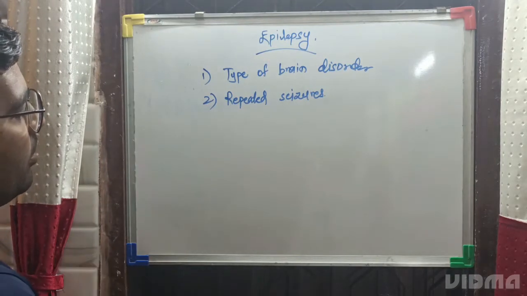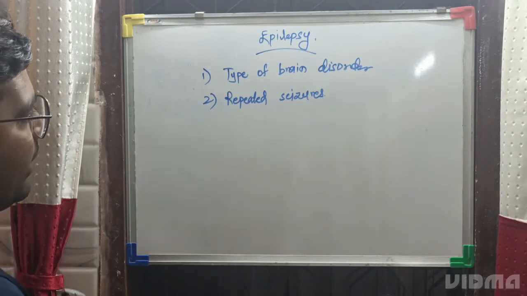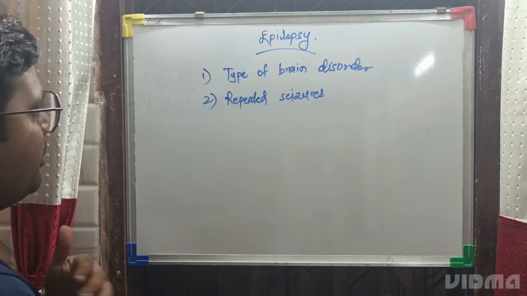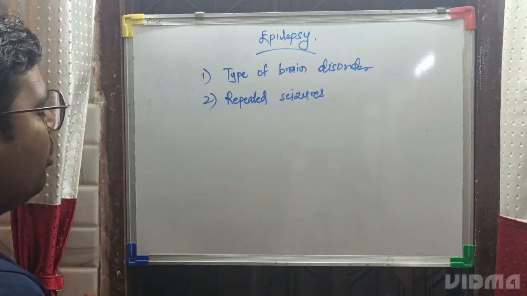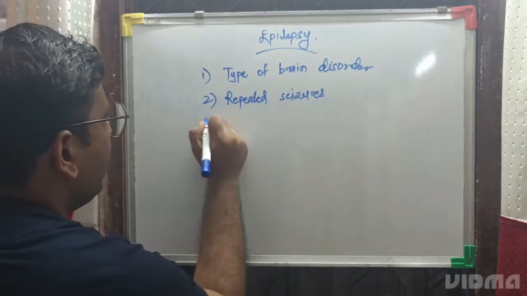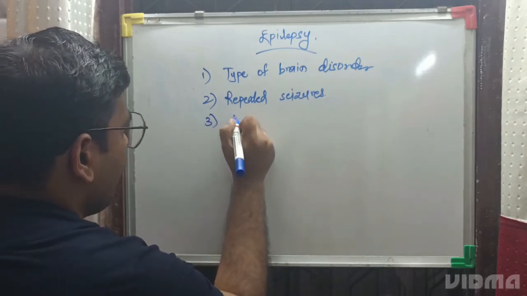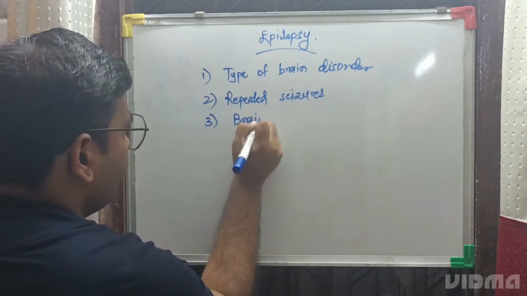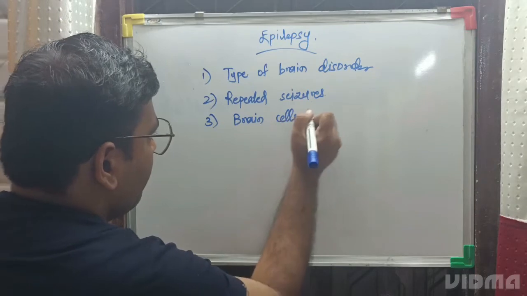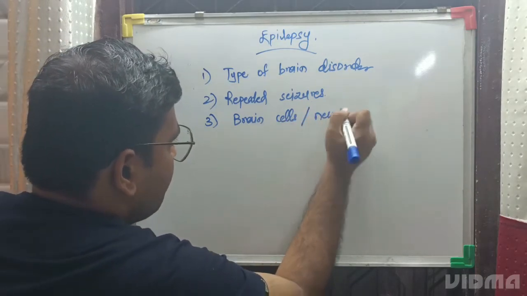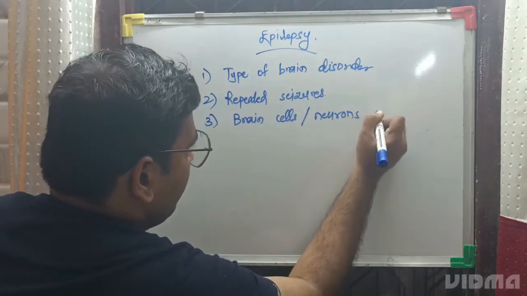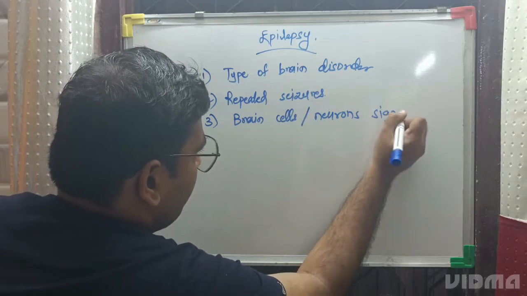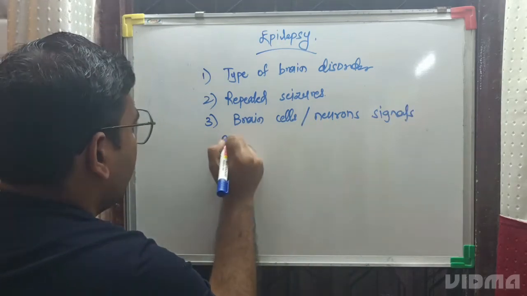In epilepsy, the neuronal activity in the brain, which has billions of neurons, signals abnormally.